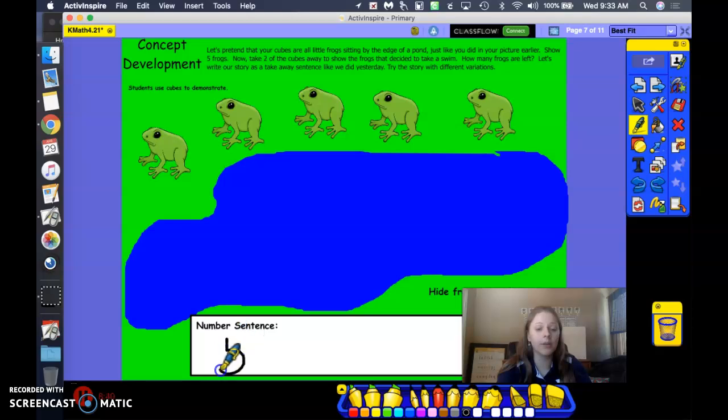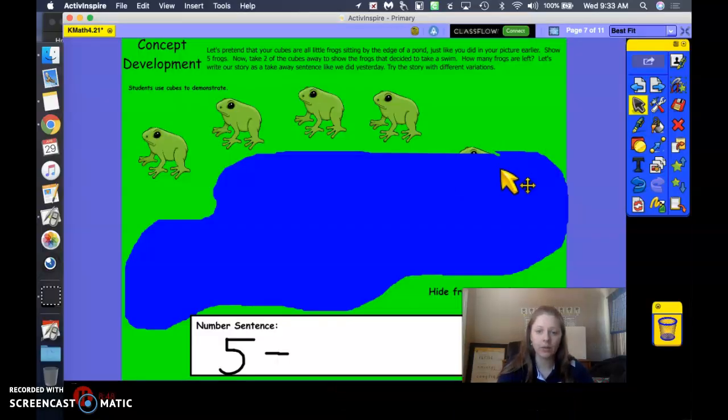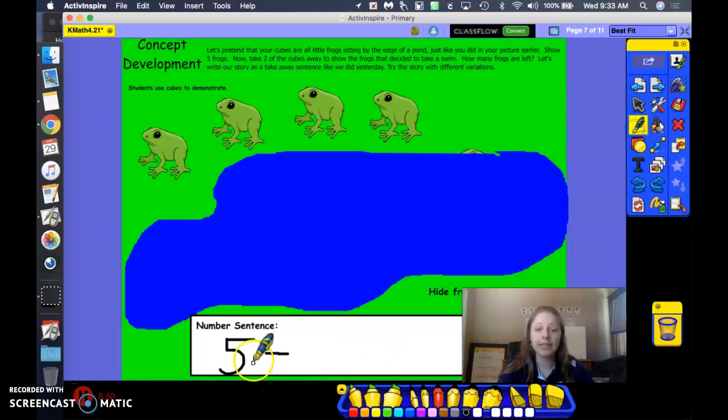We started with 5. Now we need to add our symbol, Linus the minus, because one of the frogs went away. So we say 5, take away 1 equals how many frogs left by the side of the pond? 4. Good job.